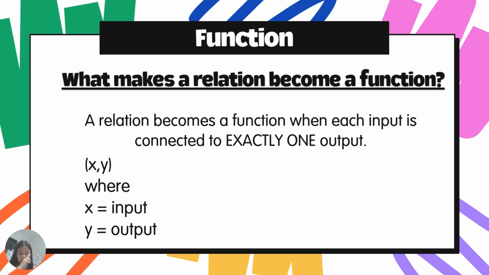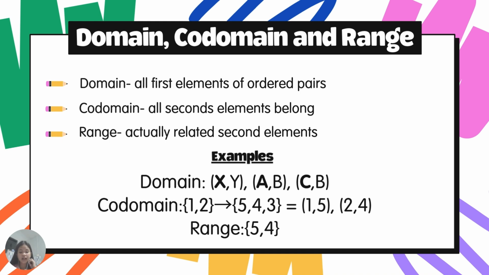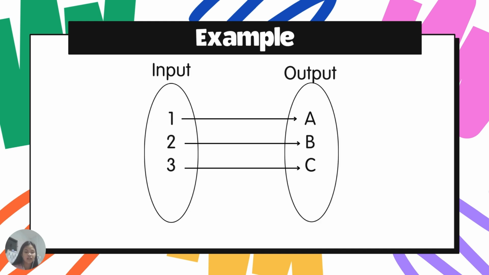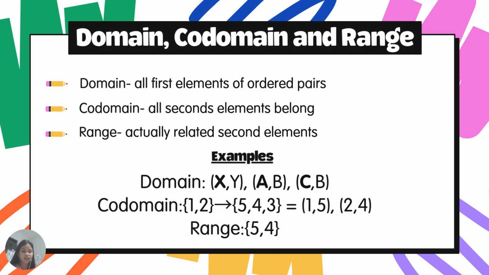Now that we know what a function is, we can break it down into its key components: the domain, codomain, and range. These will help us identify and describe functions clearly. Now I have an example right here. Oh no, let's define first.